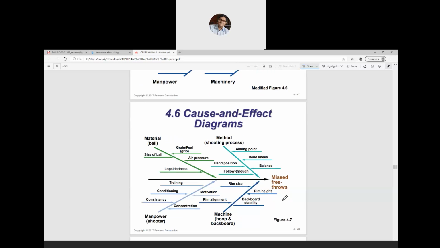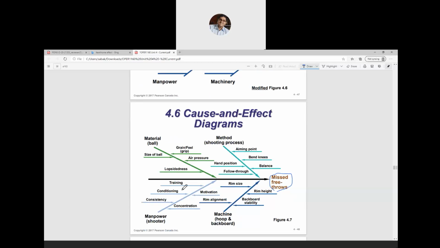So this is another example. You're trying to throw in a shooting process, for example, and you're trying to find out the reasons for missed free throws. You try to categorize them into man, machine, material, and methods. In the case of shooting, the man refers to the person who is involved in shooting.